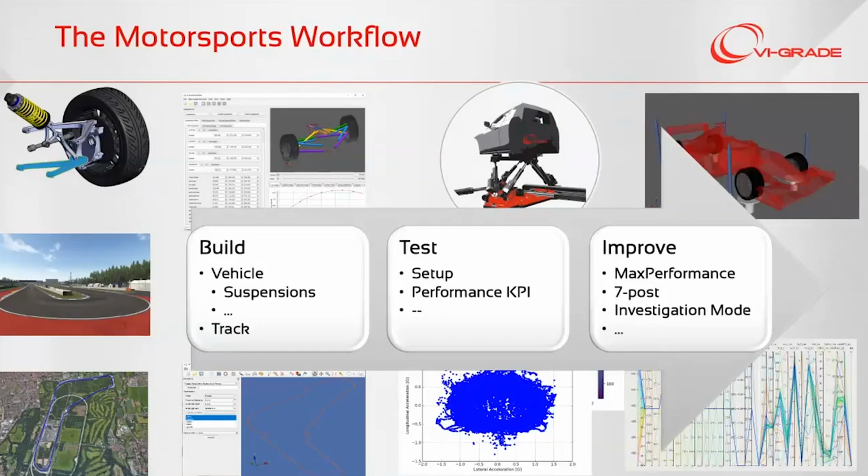So using analysis features like the max performance that we are going to showcase in a few moments, or the investigation mode that allows providing a design of experiment on specific events, it is possible to come up with an optimized setup for the vehicle.